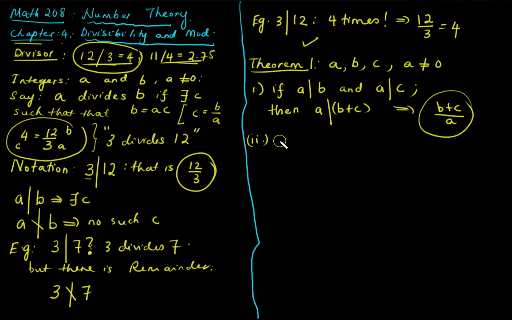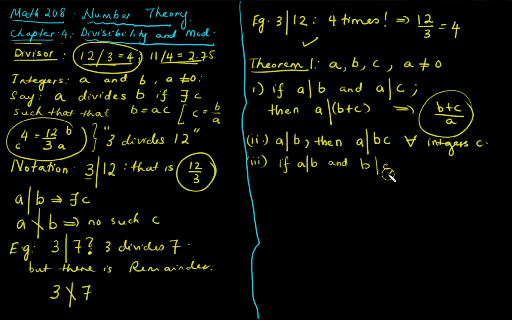If we have A divides B, then we can say A divides BC for all integers C. And then finally, the other theorem, part 3, that you need to know: if A divides B, and let's say this time B is the divisor, B divides C, then we can say that A divides C.